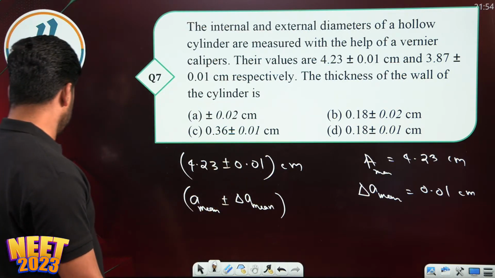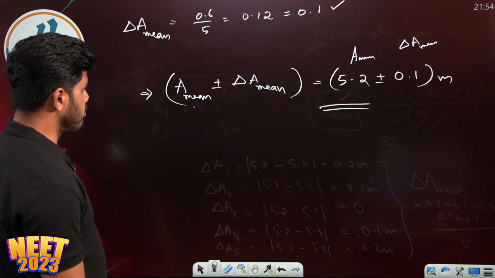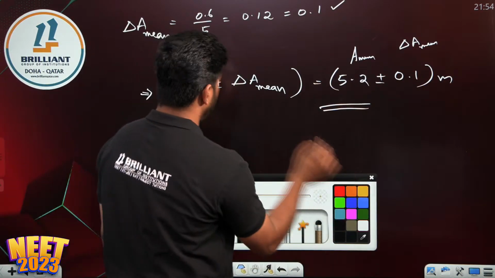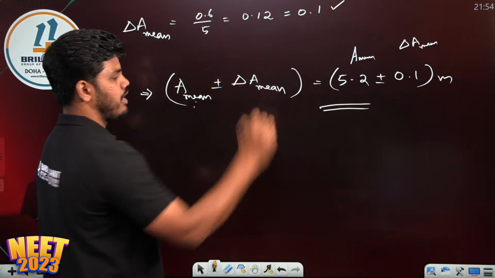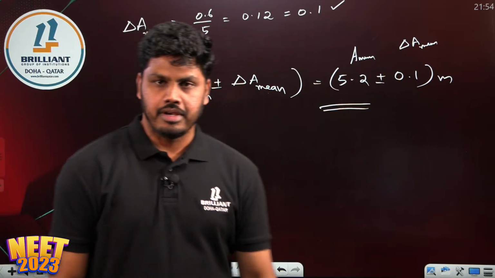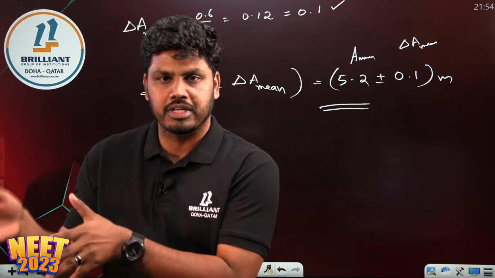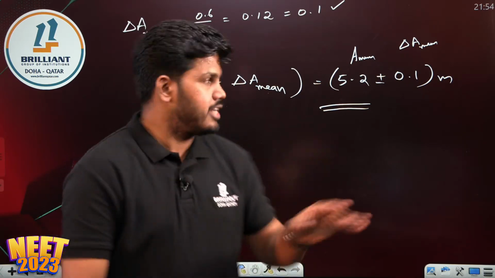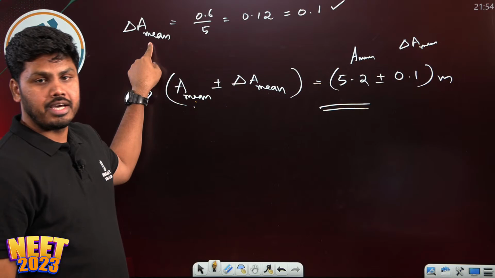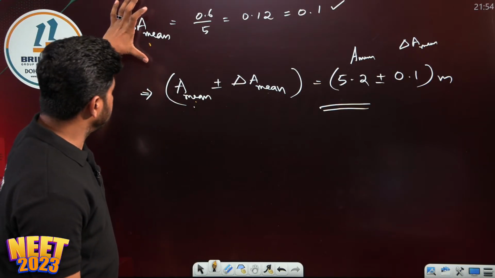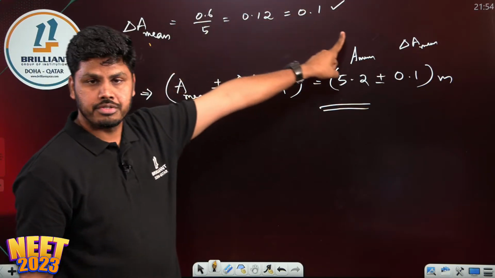So whenever values are given in that format, remember it is given in the form of A mean and delta A mean. I just told you about one of the errors, absolute errors: how to calculate absolute error in each measurement, then how to take its mean value, delta A mean, the magnitude of the mean value of the errors.